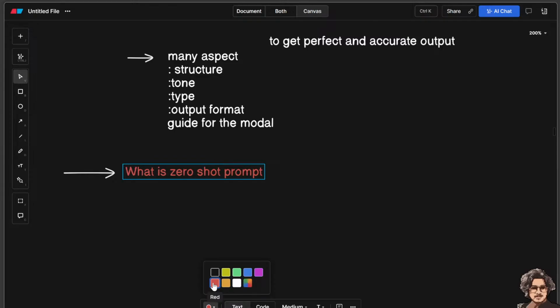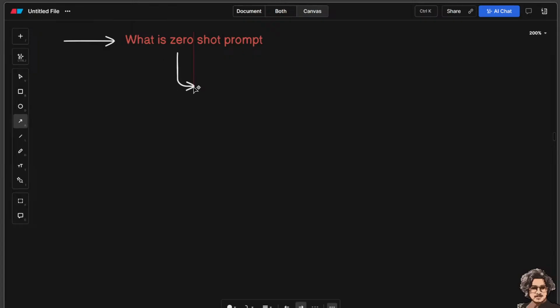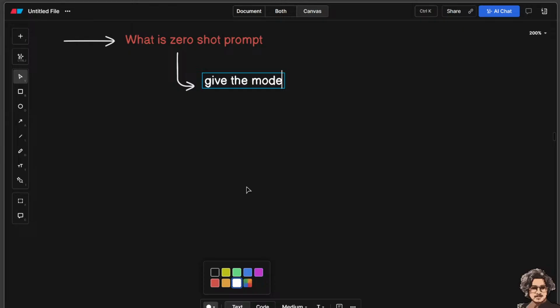And we have to explain it with an example. A zero shot prompt means giving the model a task without any examples. A zero shot prompt is giving the model a task without any examples.